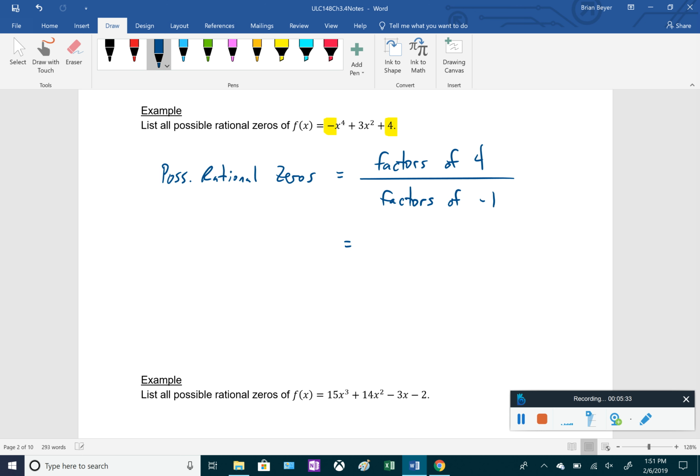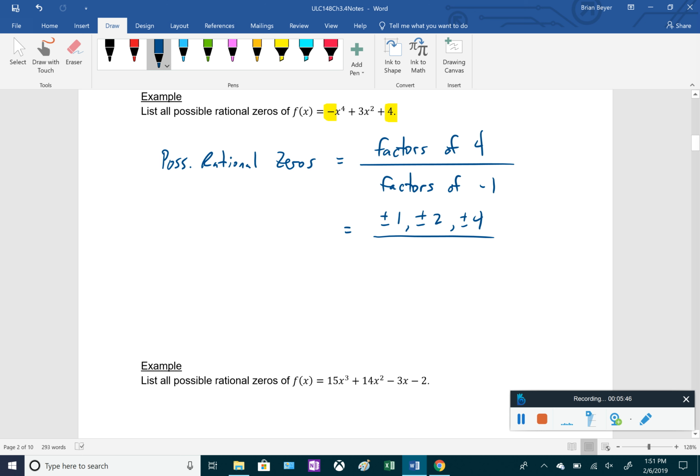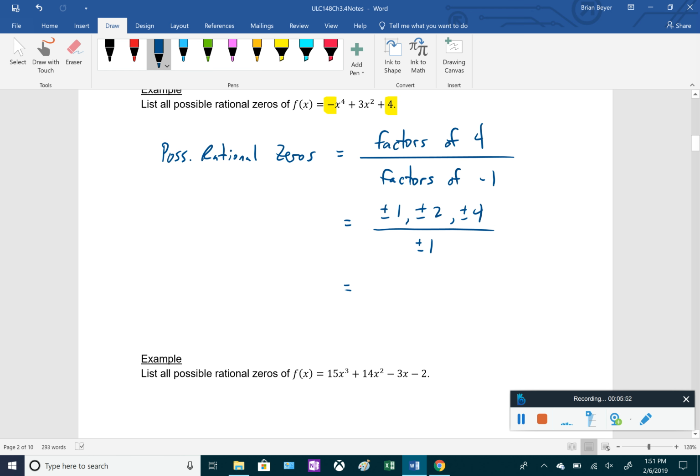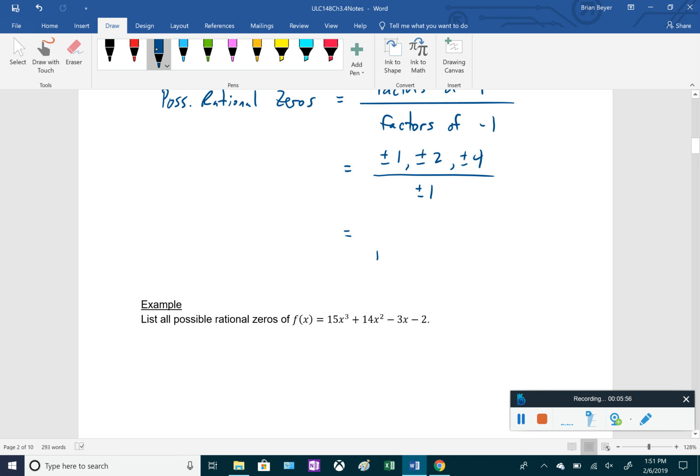Factors of 4, we can have 1 times 4 or 2 times 2. So that's going to be 1, 2, and 4. So plus or minus 1, plus or minus 2, and plus or minus 4. Factors of negative 1, well, we can only get that one way, negative 1 times positive 1. So that's plus or minus 1. So once again, we have plus or minus 1 in the denominator, so we're just going to do the whole numerator.